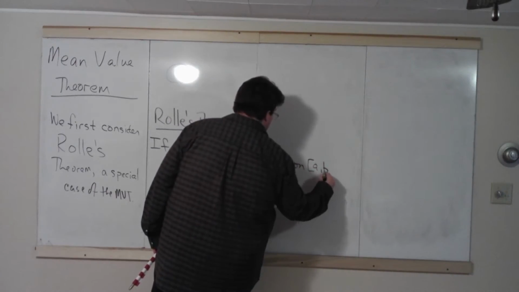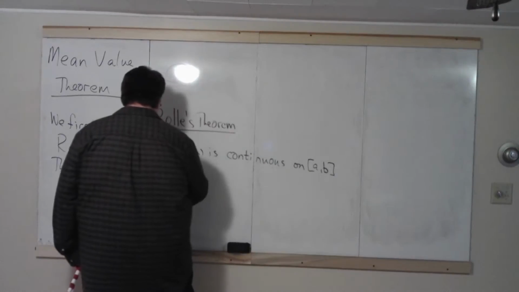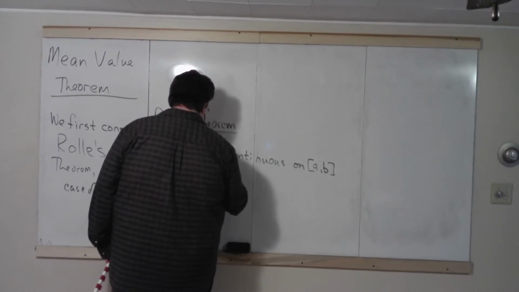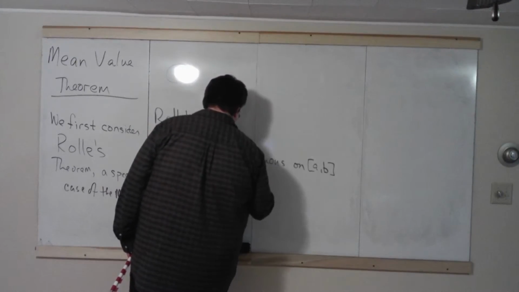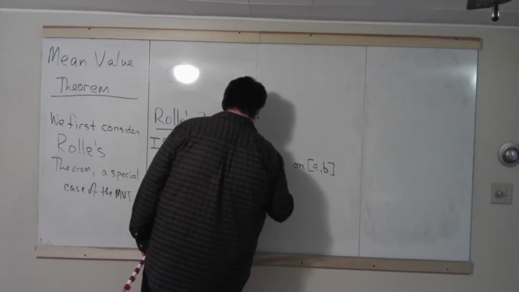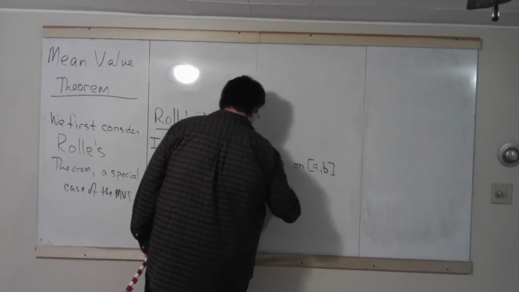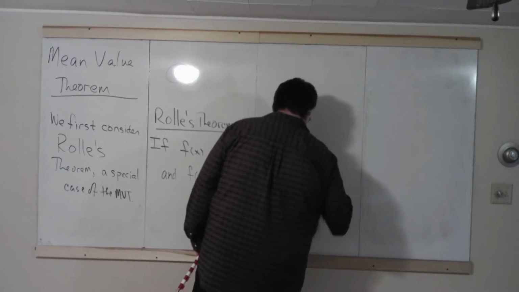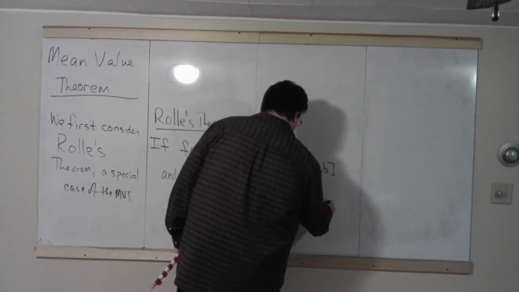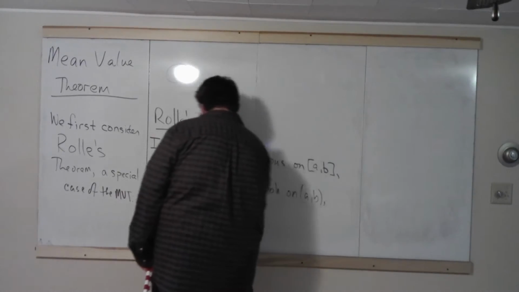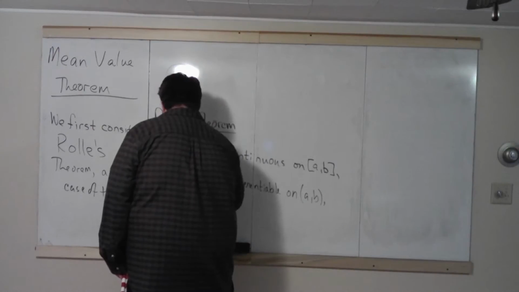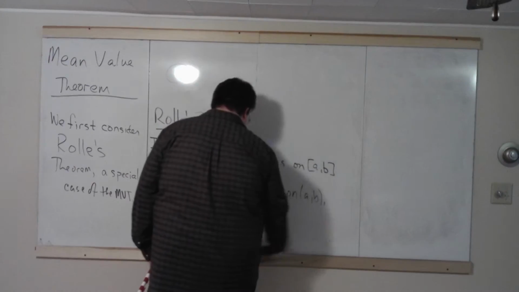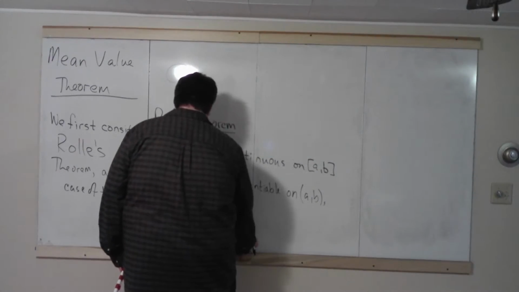On the closed interval a to b, and f of x is differentiable on the open interval a to b, and if, this one shouldn't be a comma, or maybe it should.